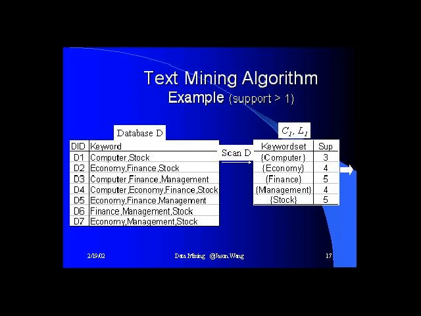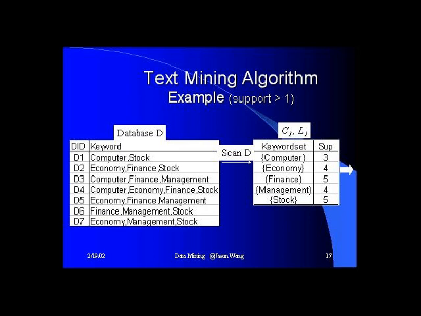Then from these 1 keyword sets, you try to generate 2 keyword sets. Once again, you sort these keywords in lexicographical order and then append these keywords one by one in turn. For example, you have computer economy, computer finance, computer management, computer stock.